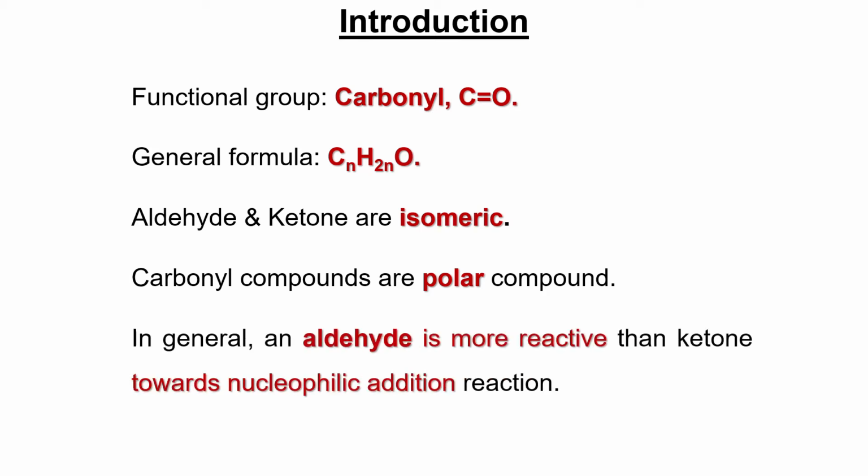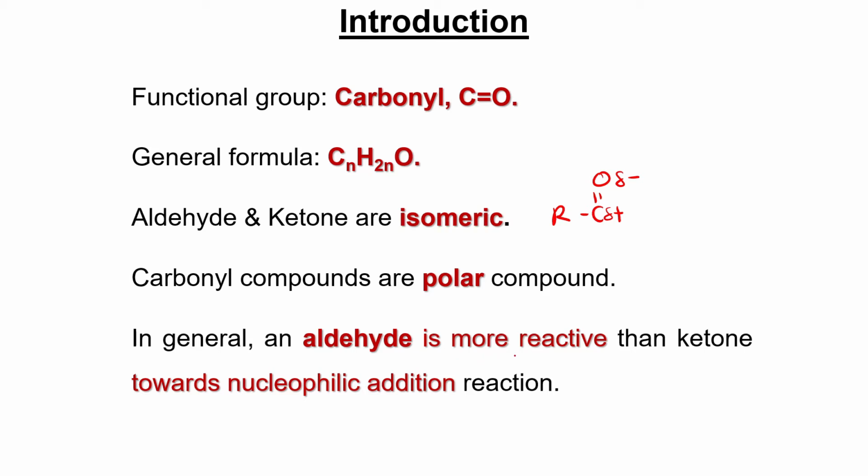This compound is a polar compound, because we have different electronegativity between C and O in carbonyl. So C is partially positive and O is partially negative. This one we will cover in our tutorial and lecture class.